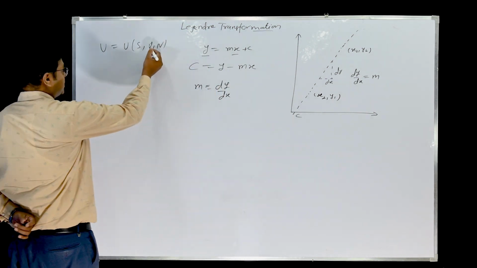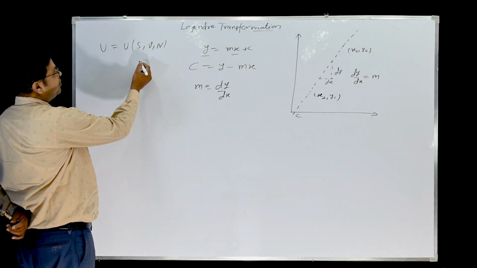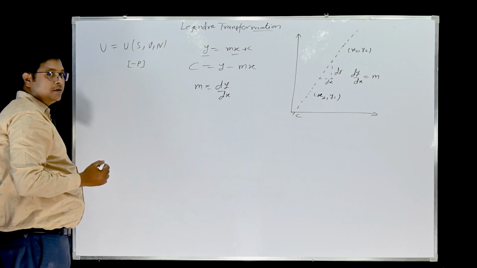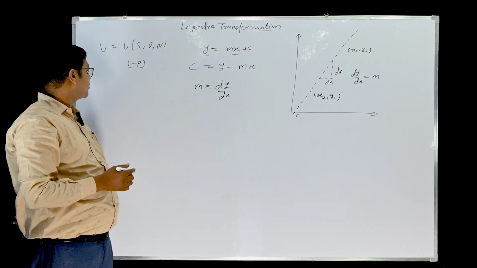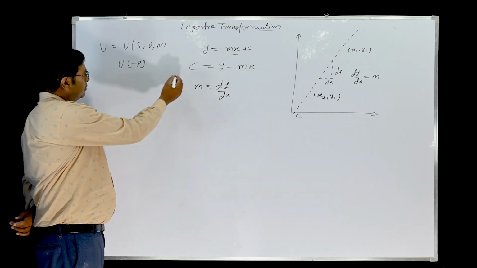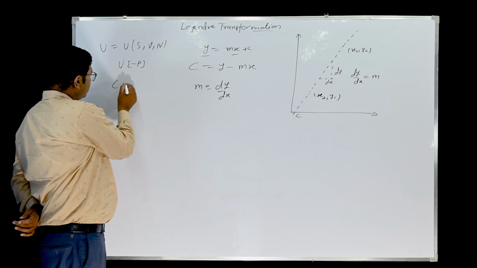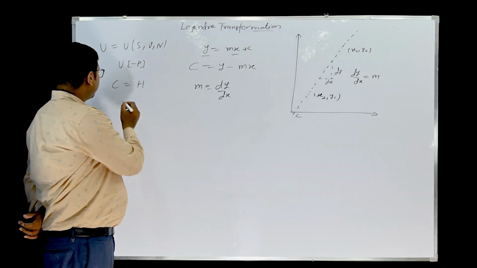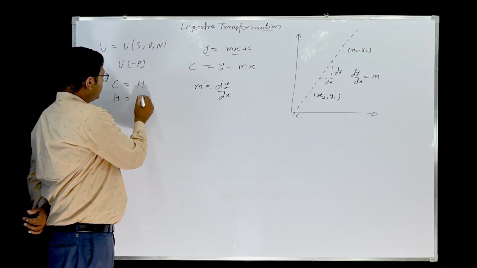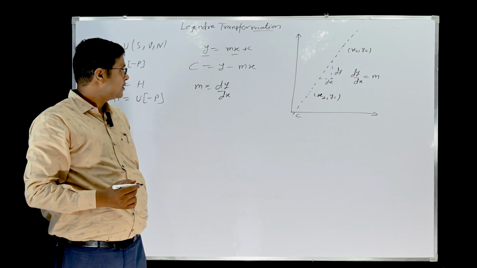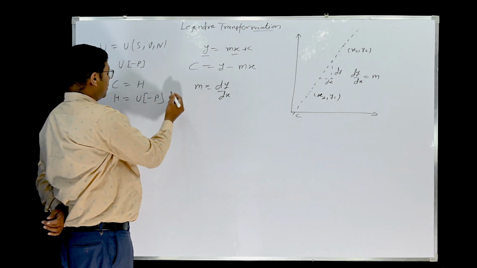I would like to replace the variable volume with its corresponding thermodynamic property P, and I will replace this c with another notation, that is H. So we can write H as a function of minus P.